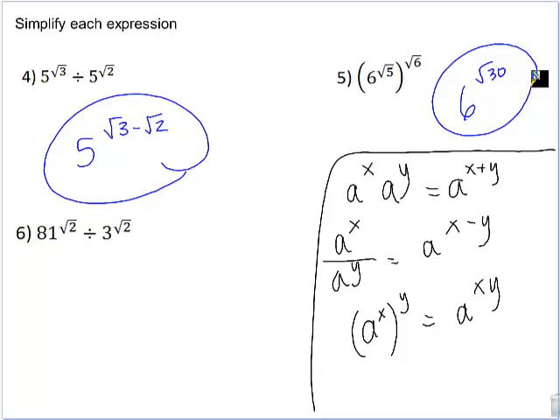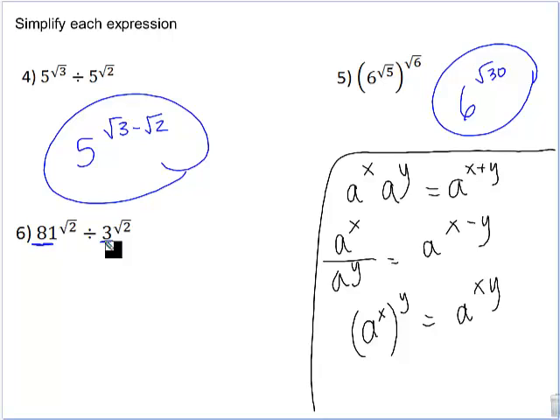Okay, 6 gets a little trickier because the base numbers aren't the same. So this is 81 to the square root of 2 divided by 3 to the square root of 2. In order for us to be able to use our laws of exponents, these two base numbers have to be identical. So if they don't start off the same, we need to make them the same.